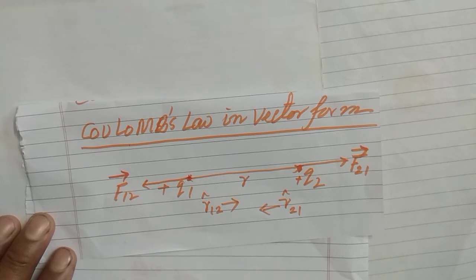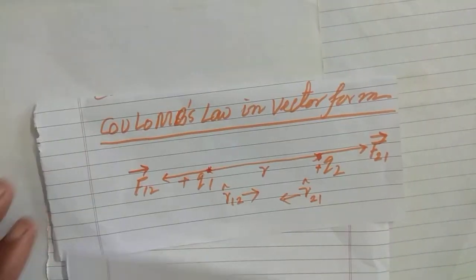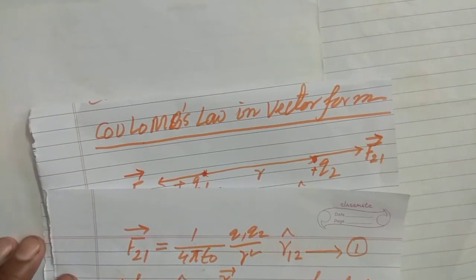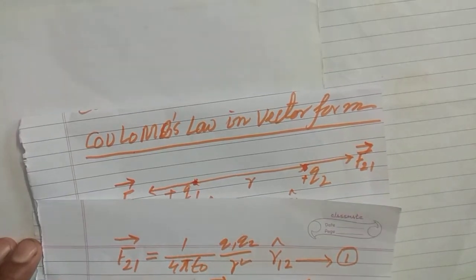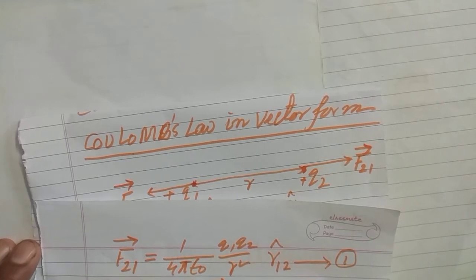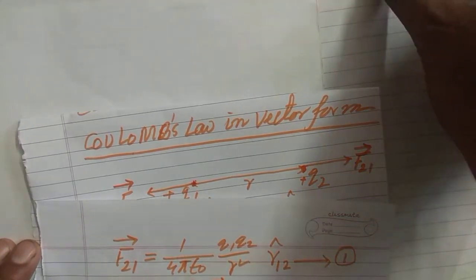Okay. Now, if we want to write Coulomb's law in vector form, then how can we write? See, when we are writing Coulomb's law in vector form, then F21, let me show you the figure first, you can understand easily.